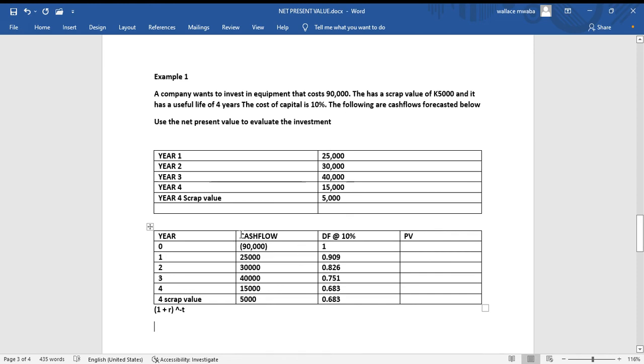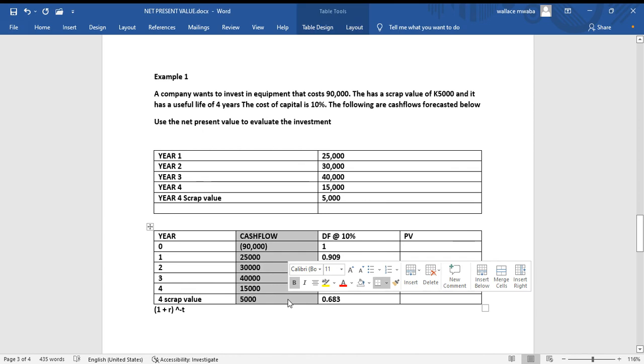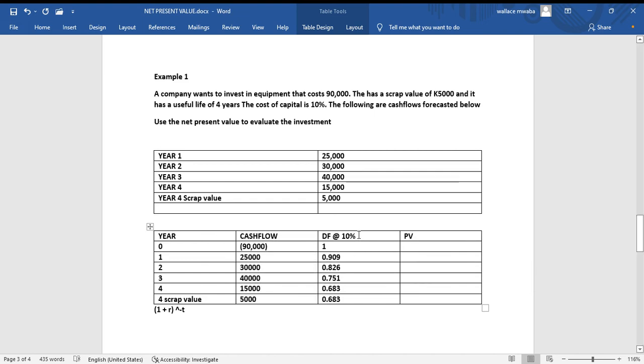Now let's find our present values, because as I said, we could have easily calculated our total here to see if we get a surplus or a deficit, but we would have been ignoring our interest rate, the cost of capital. So now let's multiply our cash flows times the discount factor.